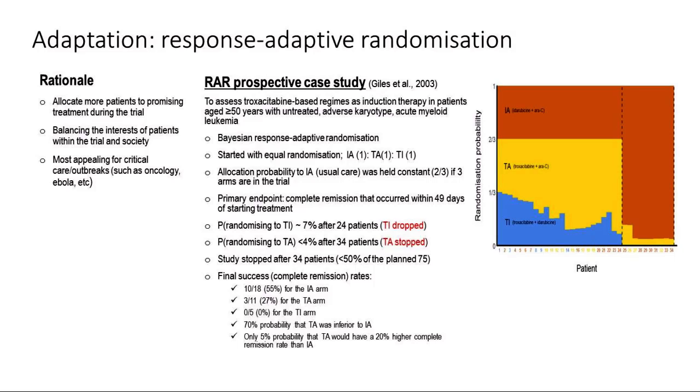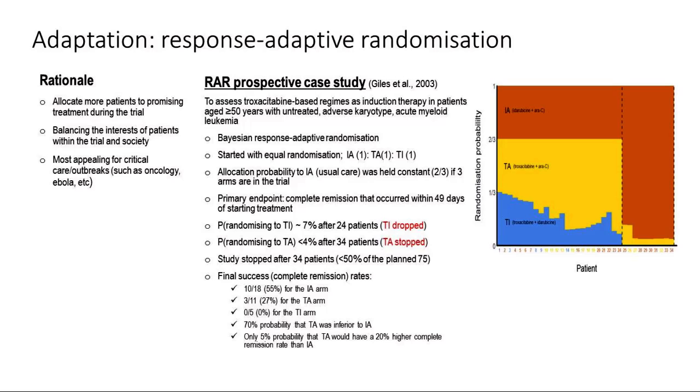But here are the challenges that you need to think about. Are you recruiting the same patient population during the course of the trial? This is where it becomes an issue to say, are we comparing like with like? Some of these things really depend on the condition, and if you have an understanding of the condition, it will be quite helpful. Another issue is that we know already that early on is where uncertainty is quite high.